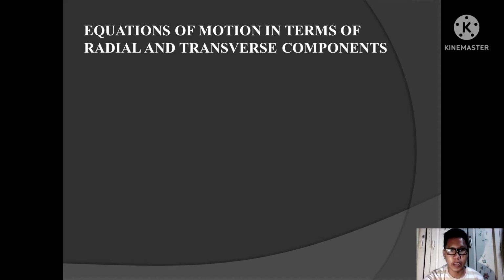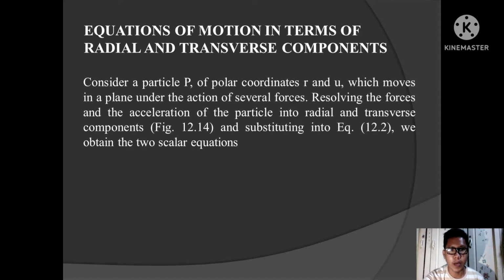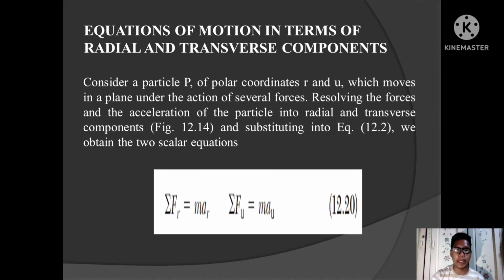So the next one is the equation of motion in terms of radial and transverse components. Consider a particle P of polar coordinates r and θ, which moves in a plane under the action of several forces. Resolving the forces and the acceleration of the particle into radial and transverse components of figure 12.14 and substituting into equation 12.2, which we got earlier, we obtain the two scalar equations.